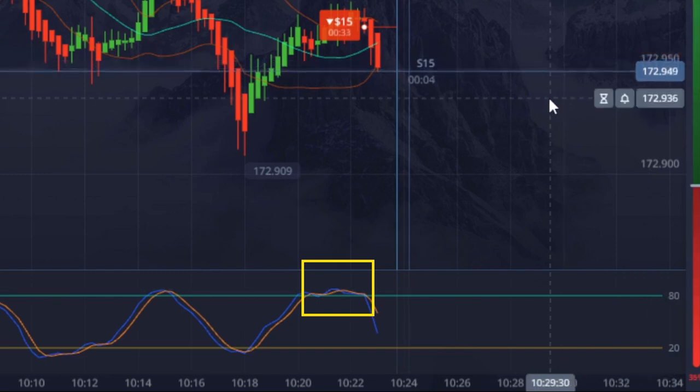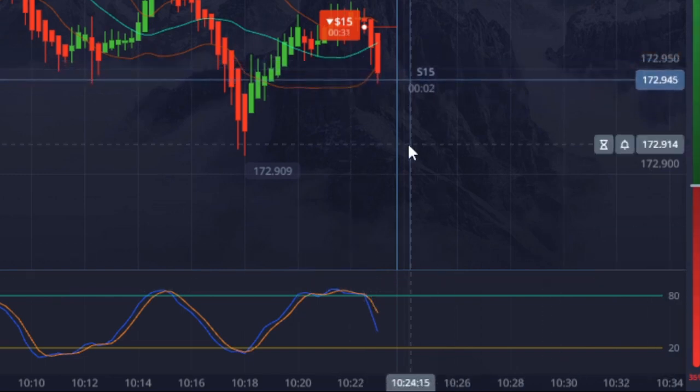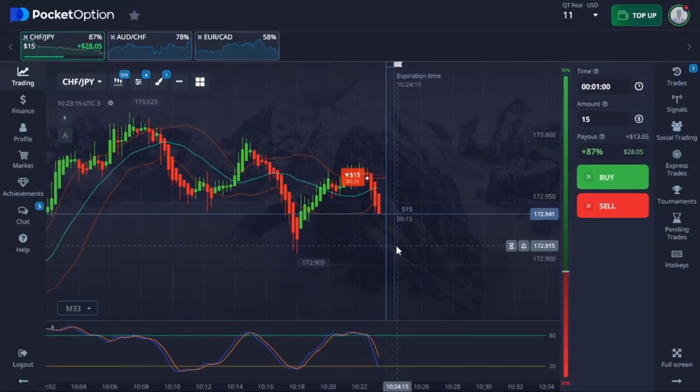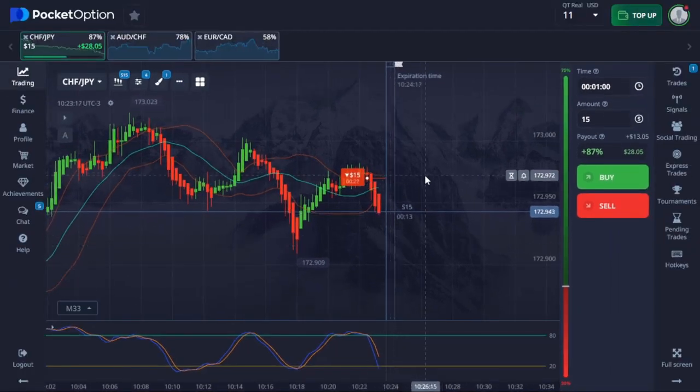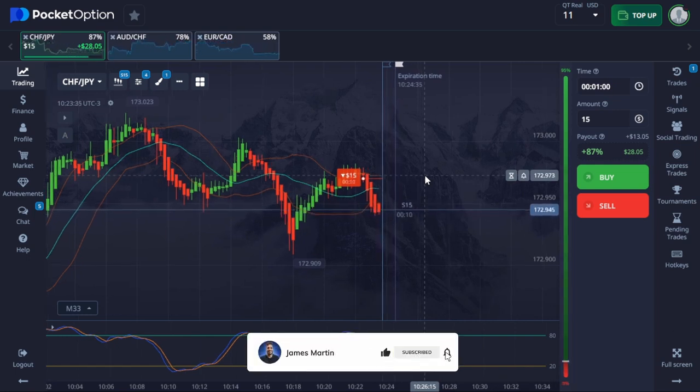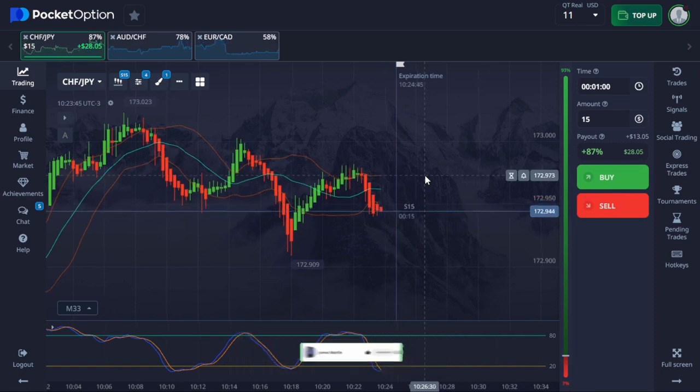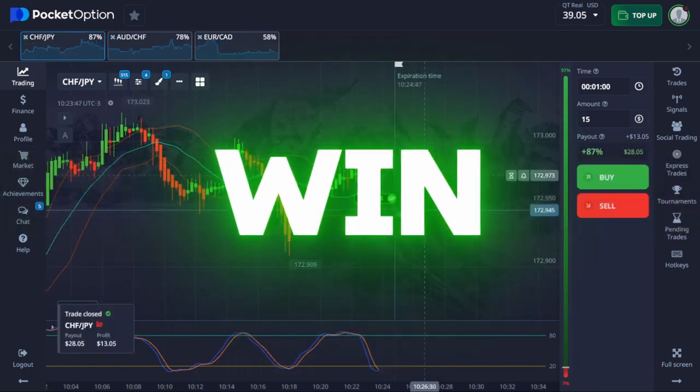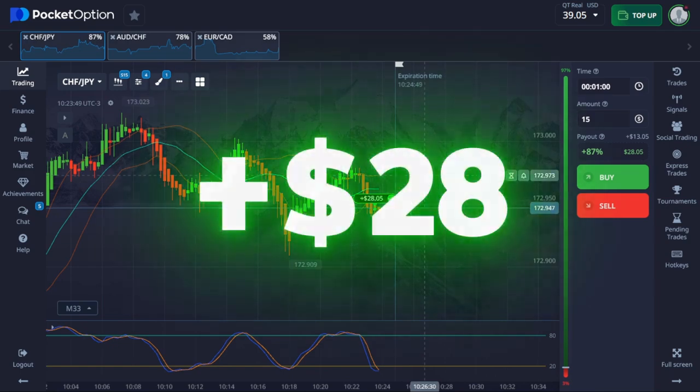With these criteria, we'll enter our first trade and see how this performs. Okay, patience is key, especially in the financial markets. Waiting for signs of exhaustion and key zones is essential for successful trading. And that was a win for us, guys. As I said, patience is the key, especially in financial markets.